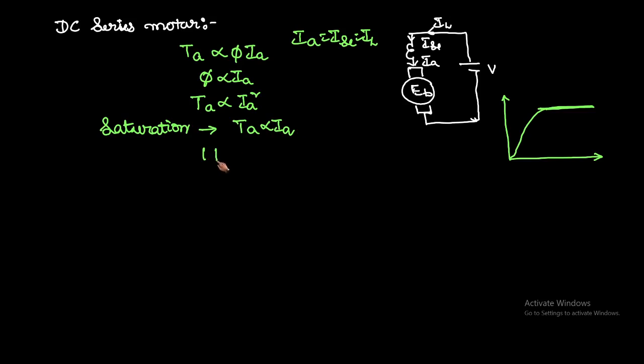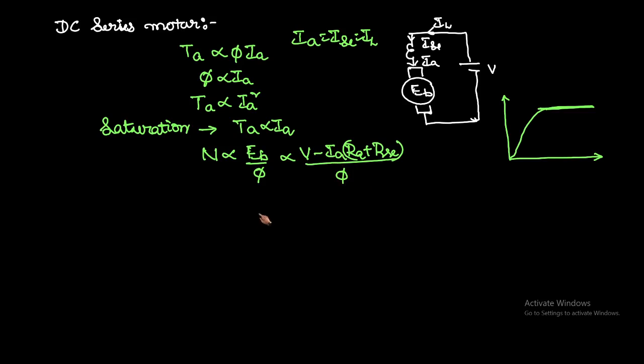Now the speed is equal to back EMF divided by flux phi. We can write the back EMF as V minus Ia into (Ra plus Rse), divided by phi. This is the equation of the speed.